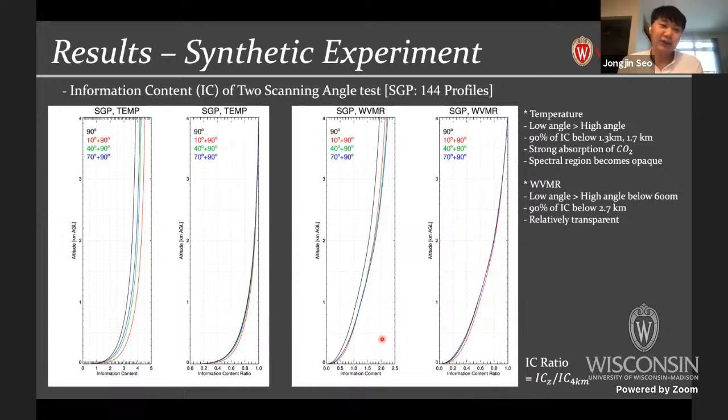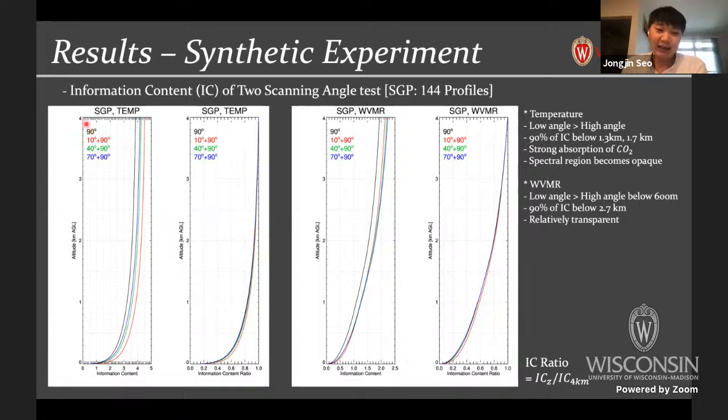So the first result is about information content at synthetic experiment. This figure shows the vertical structure of mean information content and information content ratio of two scanning angle test.